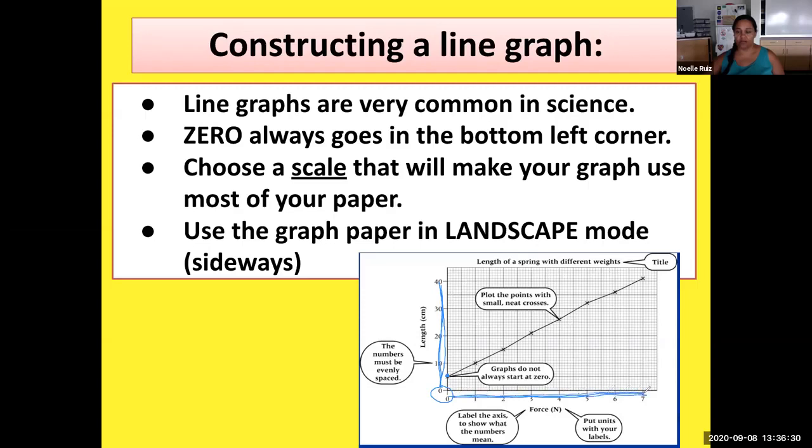So this person decided that 0 to 7 was the best scale to spread out the information on the x-axis, and they decided that 0 to 40 was the best scale spread out by tens, 10, 20, 30, 40, to go along the y-axis. So they must be evenly spaced.